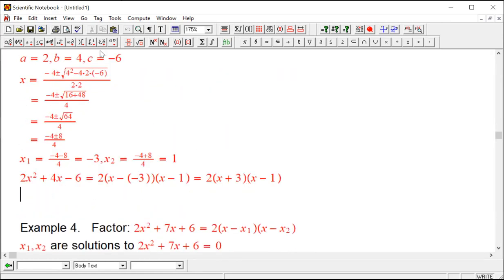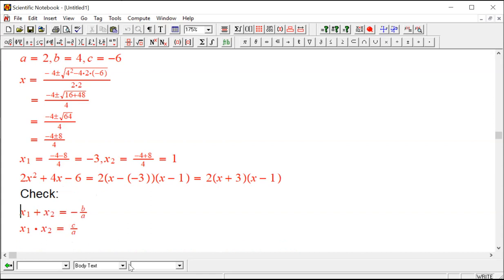Does it work? So x1 plus x2, x1 is negative 3, right? So this is negative 3, and x2 is 1, right? So the left-hand side is negative 2. B is 4.